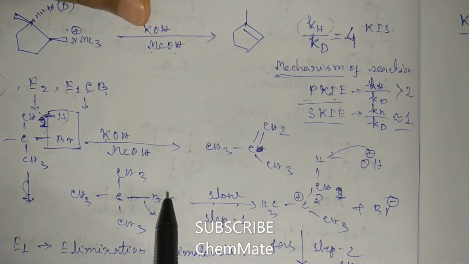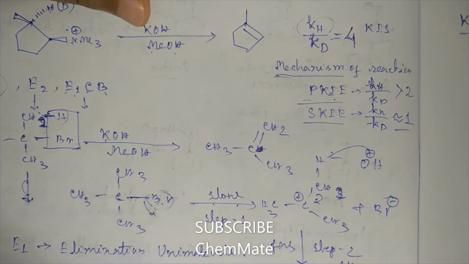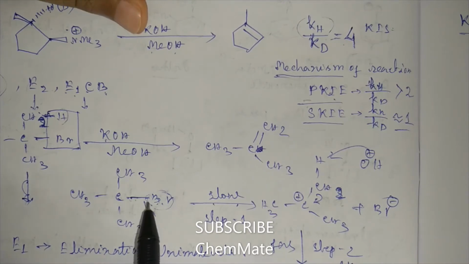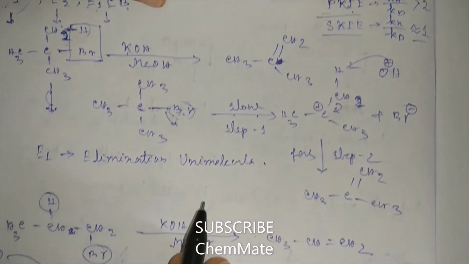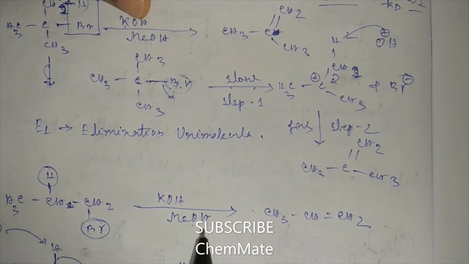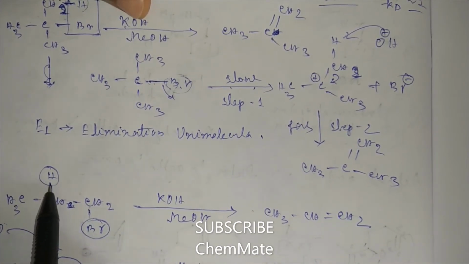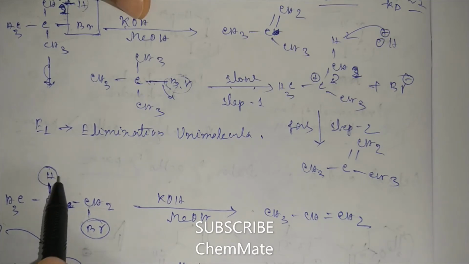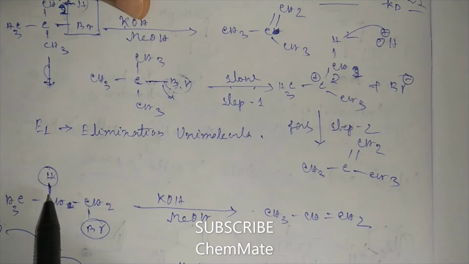So if we replace this bromine with another isotope of bromine, then we must observe primary kinetic isotope effect here. On the other hand, the E2 reaction is a single-step reaction. So if this CH bond is replaced by a CD bond, then we must observe the primary kinetic isotope effect.